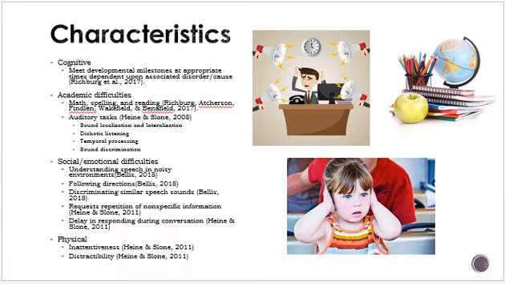Characteristics seen in individuals with APD. Cognitive characteristics are difficult to identify. Many individuals meet the developmental milestones at appropriate times, depending upon the associated disorder or cause of their APD.